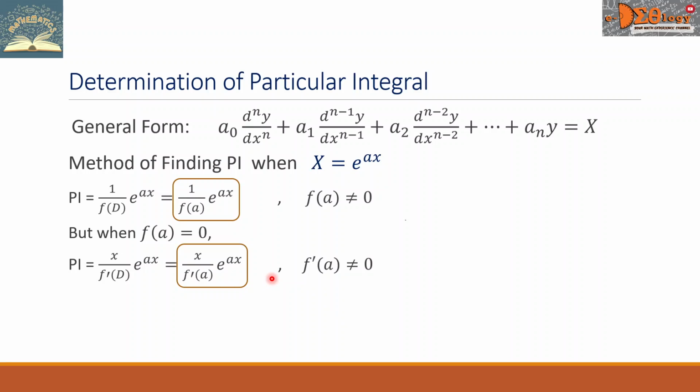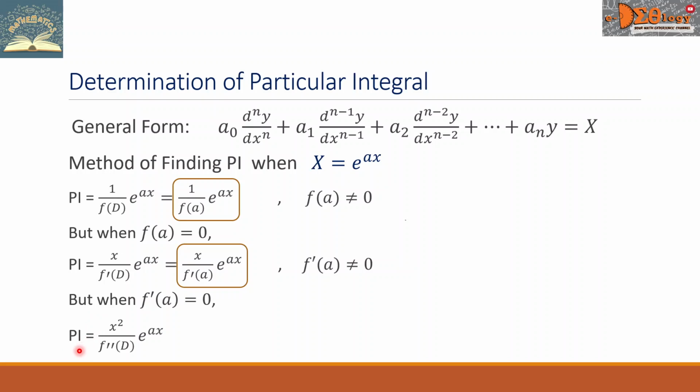Again, it must be that f prime of a is not equal to 0. On some problems, this f prime of a will be equal to 0. In that case, we will come back to this value. We will multiply the numerator again by x, and then we take the derivative of this first derivative. So it becomes the second derivative.